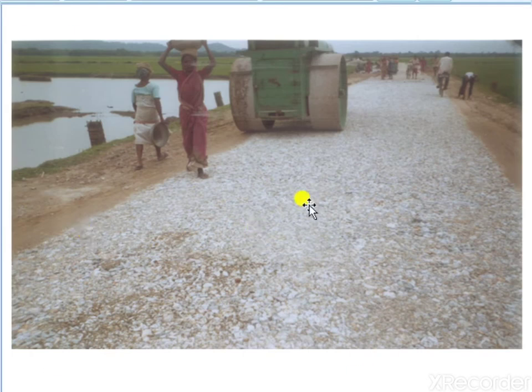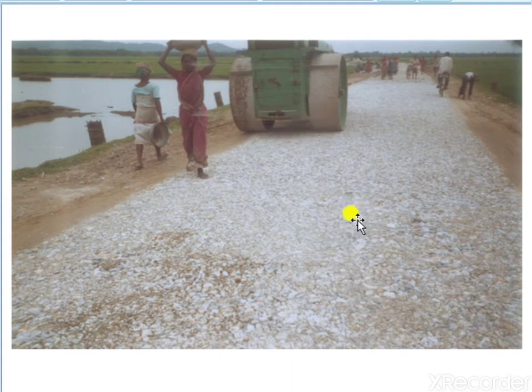So in this picture we can see the construction of WBM, that is waterbound macadam. So the surface is being prepared, that is, this is a surface, it may be a subbase or a subgrade. So this is first prepared, and over this clean and crushed aggregates are laid, and these aggregates are compacted using a roller.